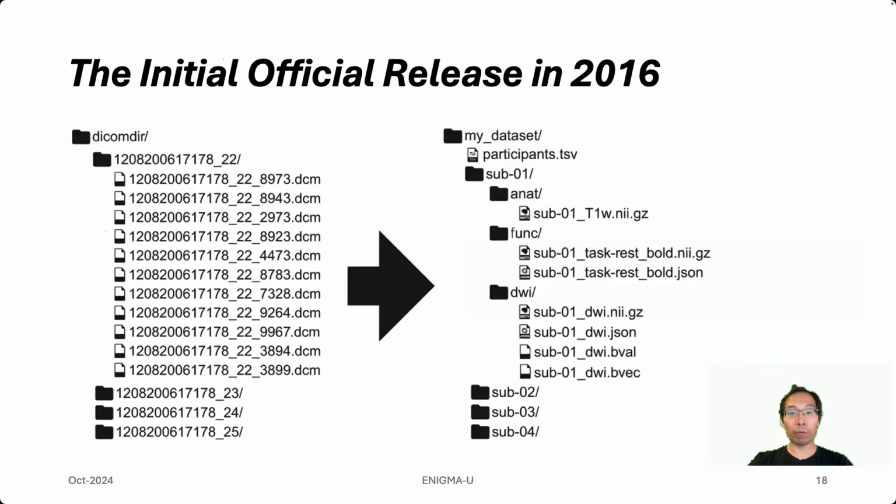Under the subfolder for each participant, there are folders named for specific modalities. In each subfolder, we have the brain images in compressed NIfTI format, that is .nii.gz, along with the sidecar, that is the JSON file, where the parameters of the sequence are stored.